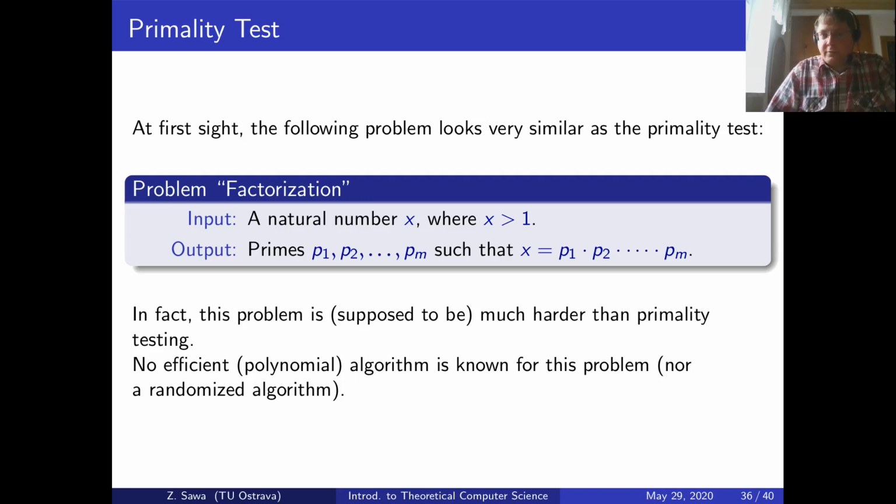So for these special kinds of computers, there is a known efficient algorithm for factorization.